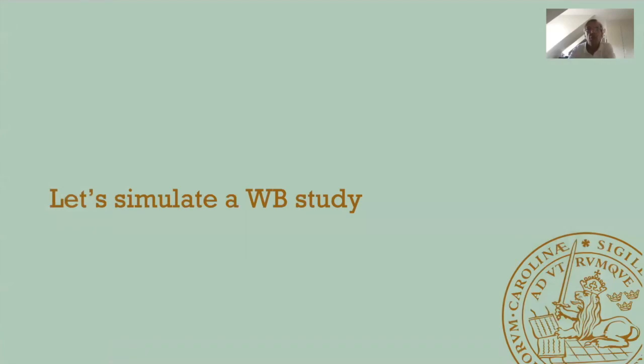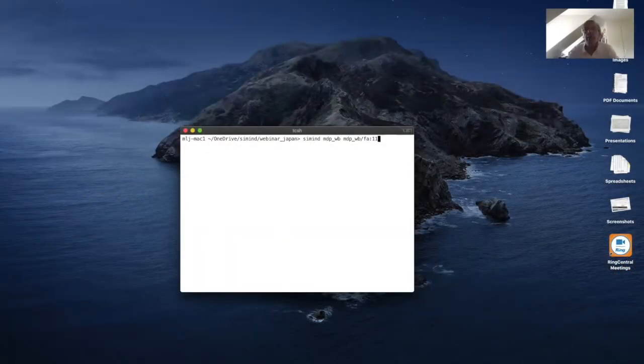So let us start by simulating a whole body study and have something to work with. Now I have opened a terminal window where we will do the simulations, and I have typed the command for the simulation, simind mdp whole body. You can see here that I have added a flag FA11, which means that I turn off the interactions in the phantom, just for speeding up the procedure a little bit.